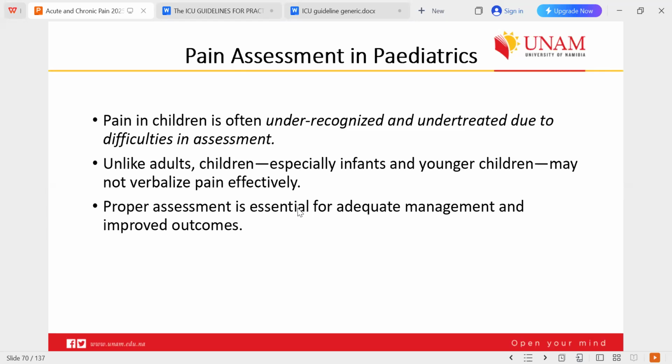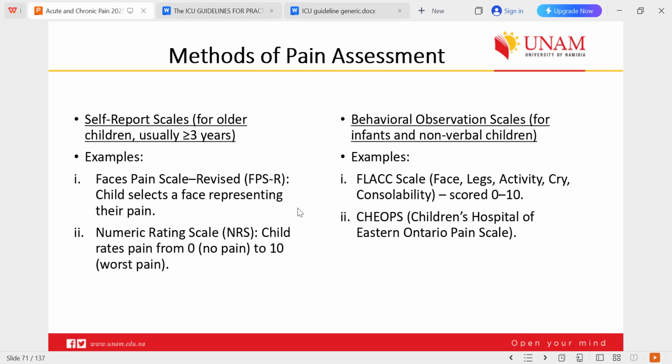But for us to be able to manage pain appropriately and effectively, it's important for us to have tools that will allow us to have a proper assessment for pain and also to improve the patient's outcome.